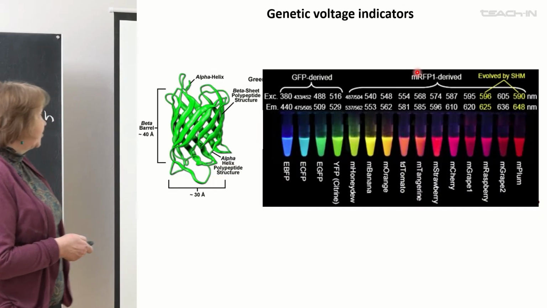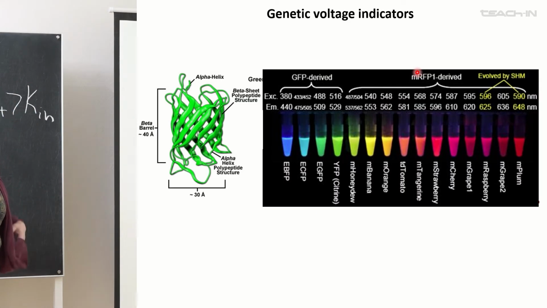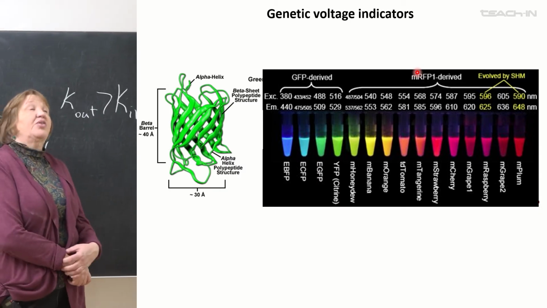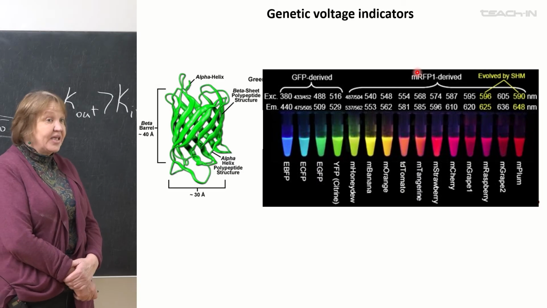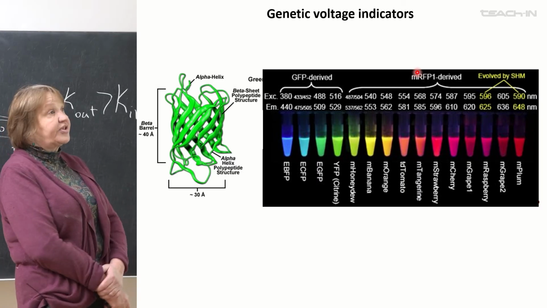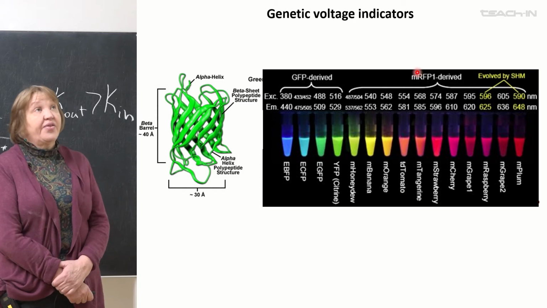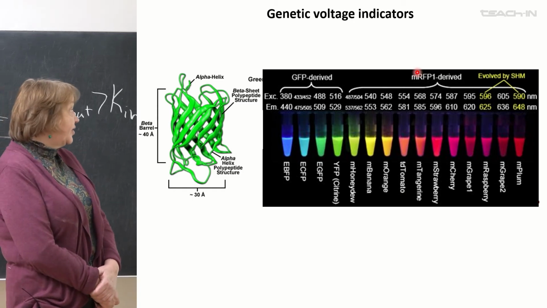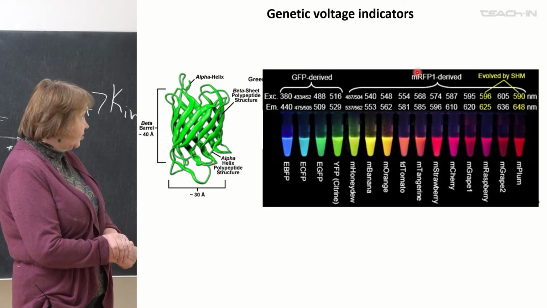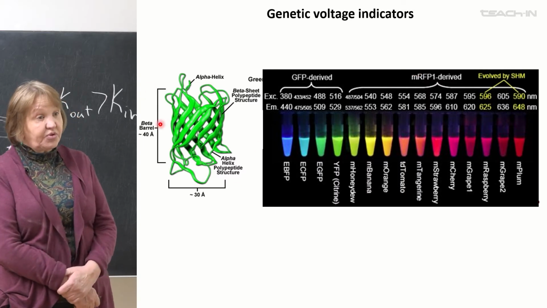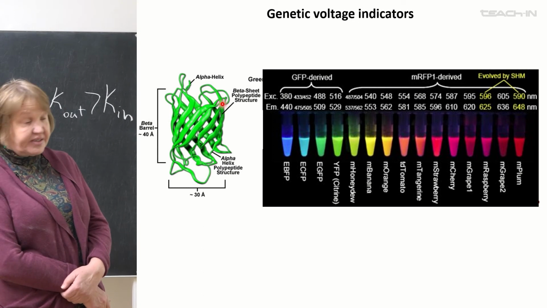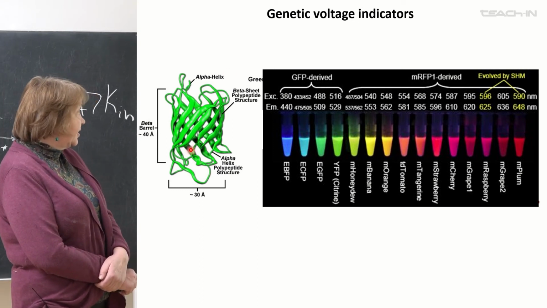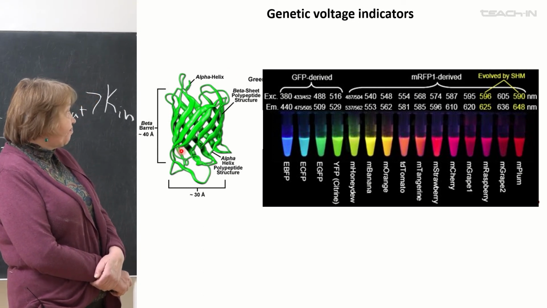Okay, so genetic voltage indicators. You probably heard about jellyfish that fluoresce, and there was this wonderful person from California that actually managed to clone and sequence the protein responsible for jellyfish fluorescence.